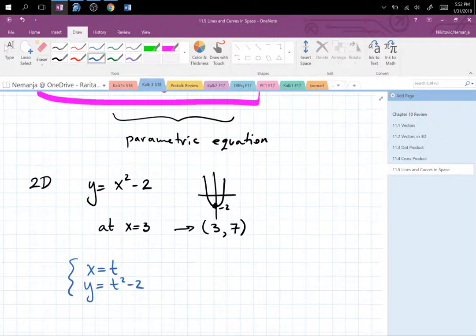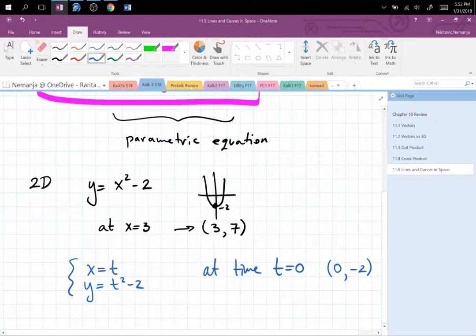So now if you have this situation of the parametric equations, I would like to think about this set as dependent on time. And it makes so much sense to think about, okay, at time t equals 0, where am I? At time t equals 0, I am going to be at x equals 0 and y equals -2.